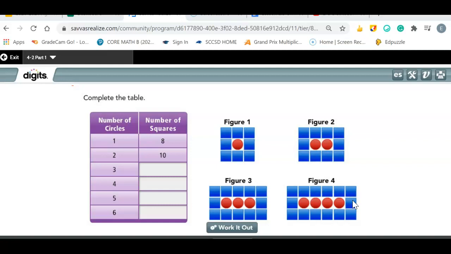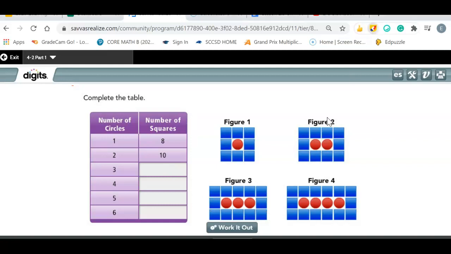This is the screen I was on, and the reason why I got off right away was because figure 4 is right here. So now we have all these figures. We can put this information into a table. If there was 1 circle, we count up there are 8 squares. If there are 2 circles, there are 10. If there are 3, we have 1, 2, 3, 4, 5, 6, 7, 8, 9, 10, 11, 12.